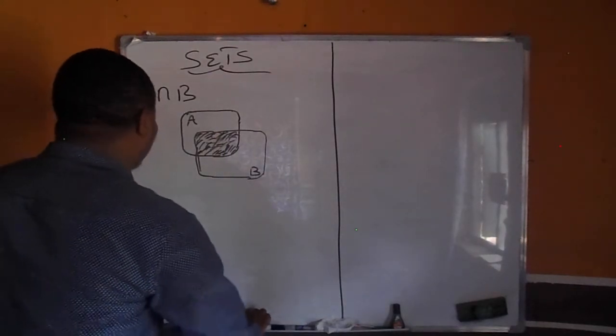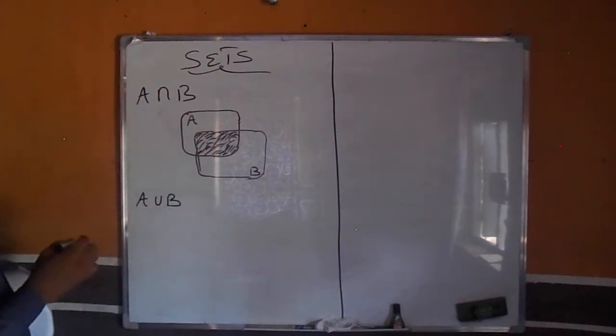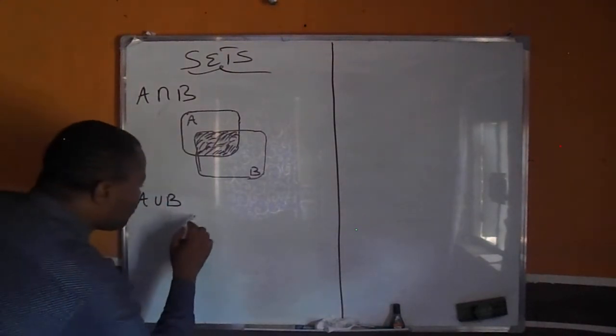Now, A union B. In A union B, we have it like this.